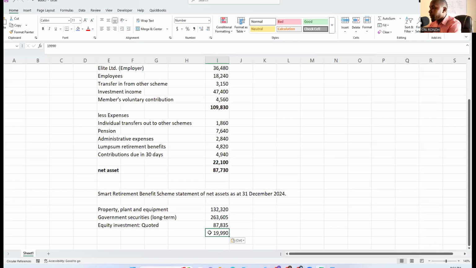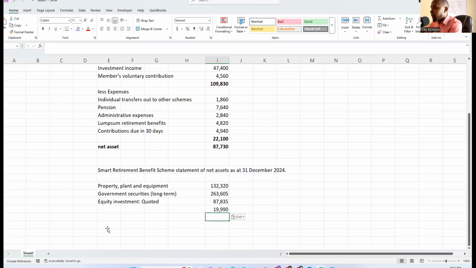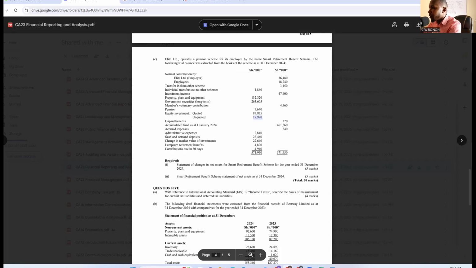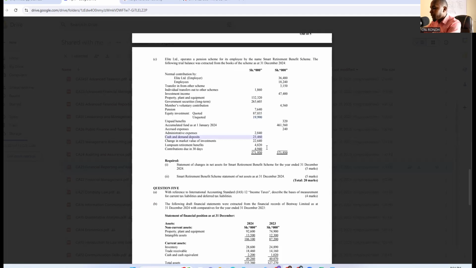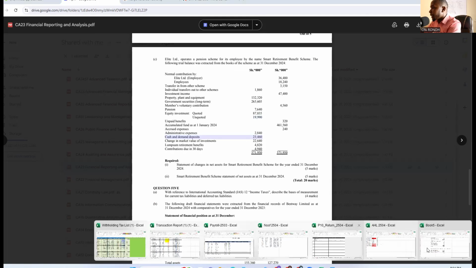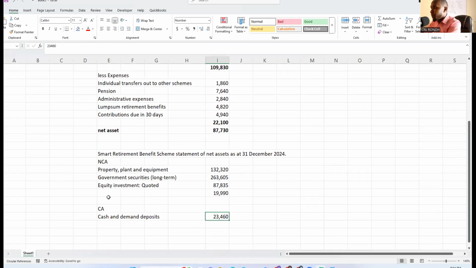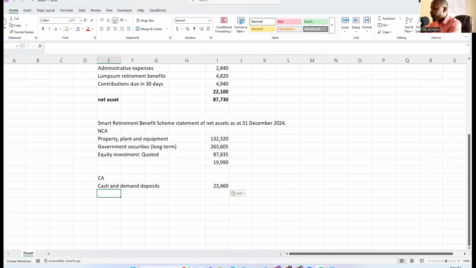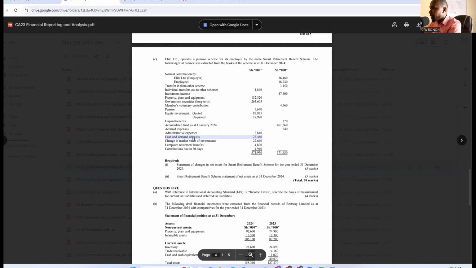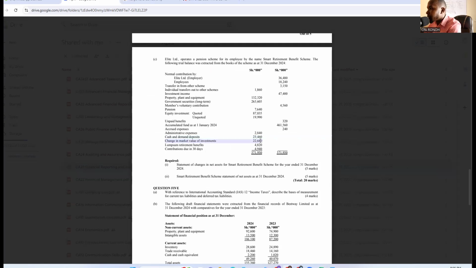Then we go to the current assets. So this is non-current assets, then you go to the current assets. For current assets, I can see two: the cash and the demand deposits. We have another one, which is changes in the market value of the investment.